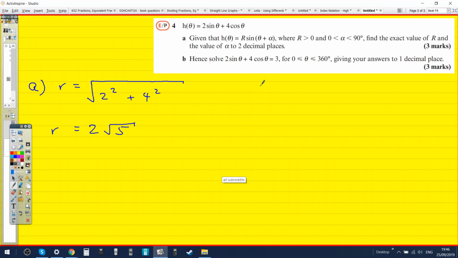Okay. That's something I need to look out for. Isn't it sine theta plus alpha? I believe it is sine theta cos alpha. Yes, it is. I've been thinking about cos. So yeah, it's 4 over 2. Yep. Oh, okay. I thought I said that, but maybe not. 4 over 2. So 1.107.